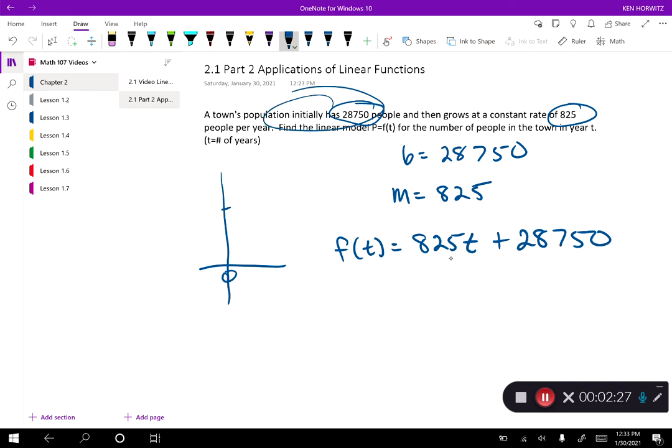And in year 1, we grow by 825. In year 2, we grow by 825 times 2. So pretty straightforward, pretty quick. It's just a matter of picking the different elements out of the problem and assigning them to either the slope or the y-intercept.